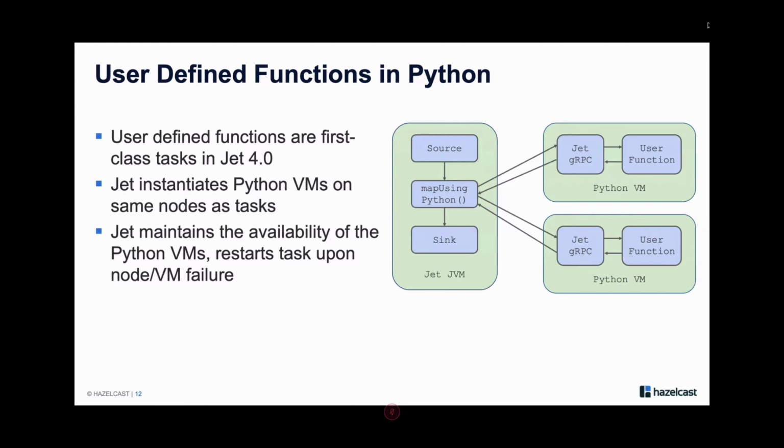So just looking quickly at the diagram, you see on the left the Jet JVM. There's the source and then the core processing by Jet, and then there's the sink where the information is sent out. And then using gRPC, we're talking to the Python VMs and the tasks defined and running within those VMs.